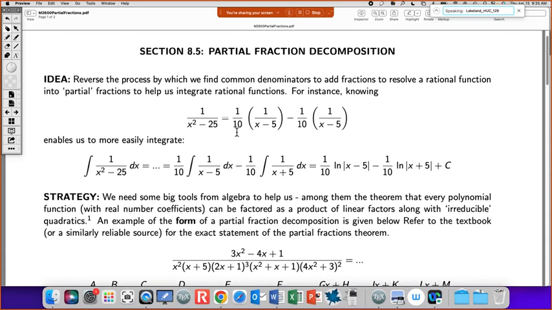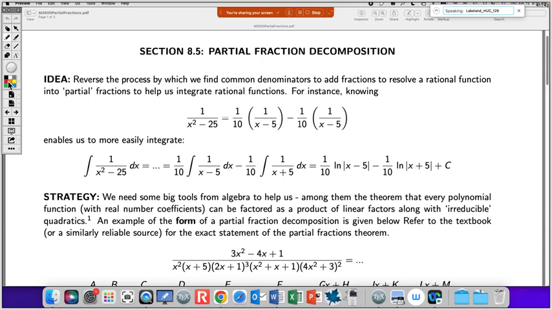All right, so what's the idea behind partial fraction decomposition? Well, once again, as happens often in calculus, we're going to be undoing some algebra. In algebra class, you would normally start with something like this on this side of the equation, and you would get a common denominator to write it as a single term, 1 over x squared minus 25.